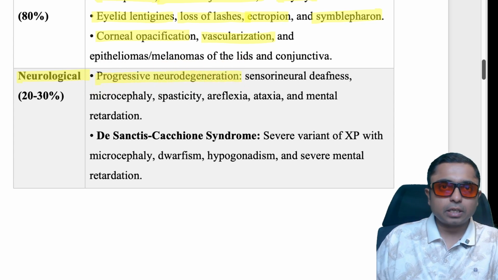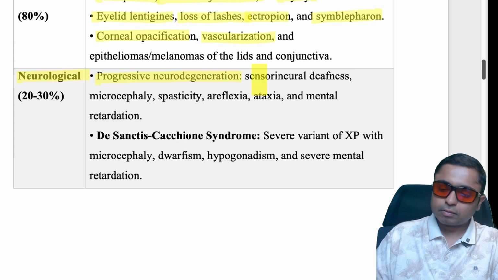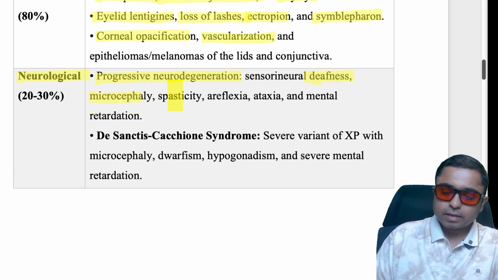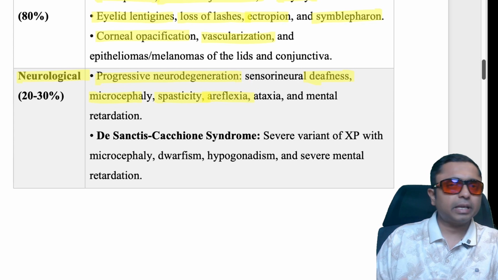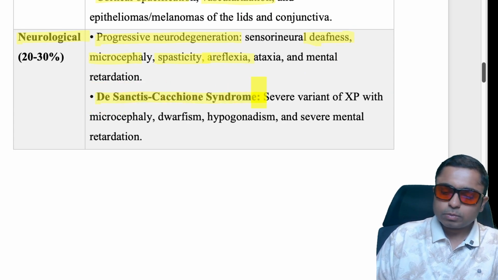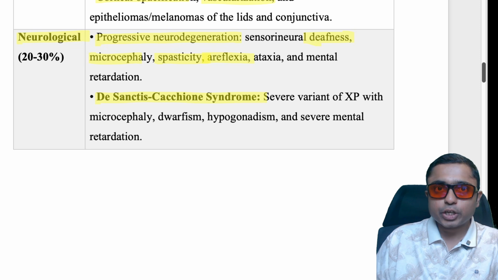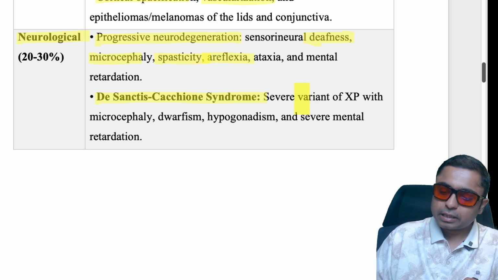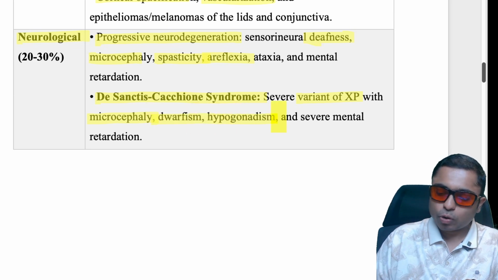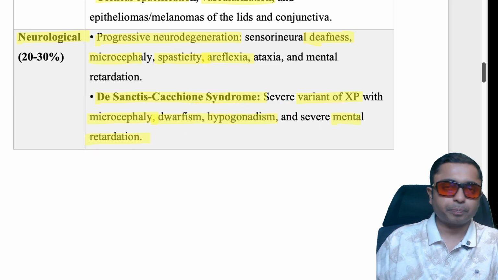So these are all the possibilities, and even nerves can be affected in the form of progressive neurodegeneration, and the individuals can also have deafness, sensorineural hearing loss, microcephaly, spasticity, and there can be many other changes in the nervous system. One of the syndromes you need to remember is de Sanctis-Cacchione syndrome, a severe variant of XP associated with microcephaly, dwarfism, hypogonadism and mental retardation.